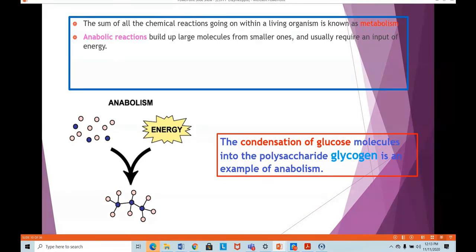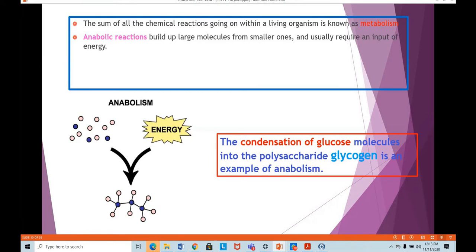The reactions which build up large molecules from smaller ones. For example, the condensation of glucose, or the joining together of glucose molecules to form a glycogen or starch molecule, is known as an anabolic reaction, in which smaller molecules join together to form large molecules.